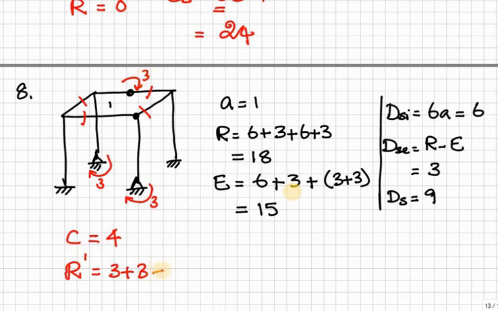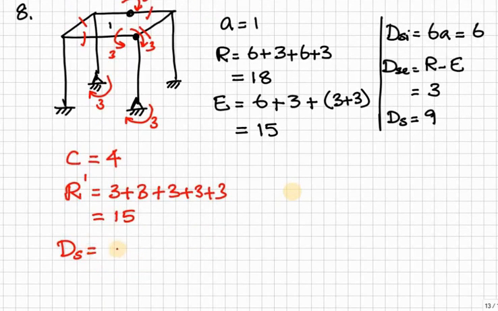Here also 3, because there is no moment, therefore we have to arrest the moment in 3 directions. But in this case, it is a joint hinge, therefore for each member we have to apply 3 moment constraints. R dash is equal to 15, therefore ds is equal to 6 times C minus R dash, which is equal to 9. So this is the end of this session.